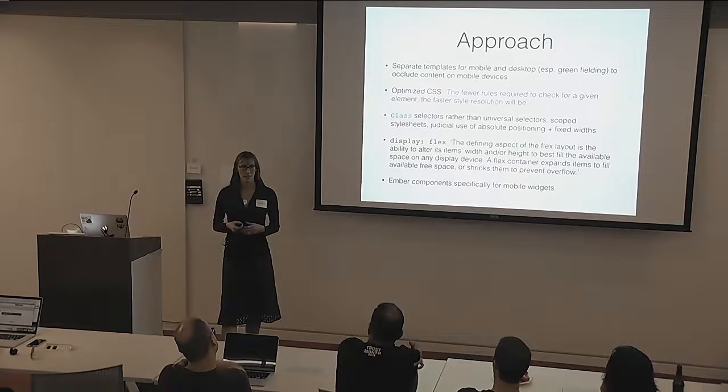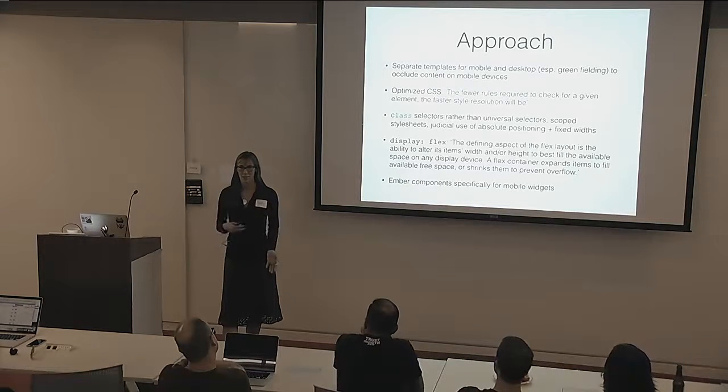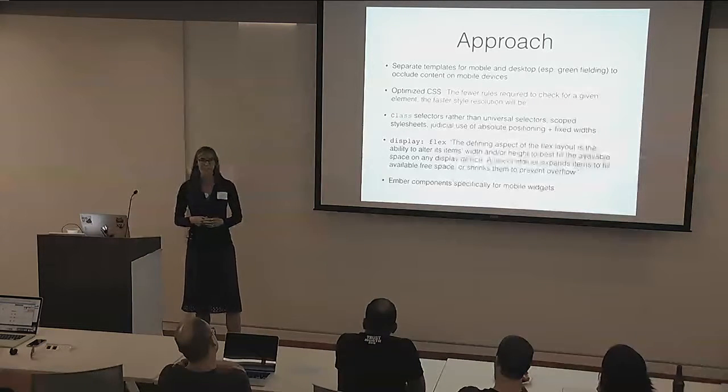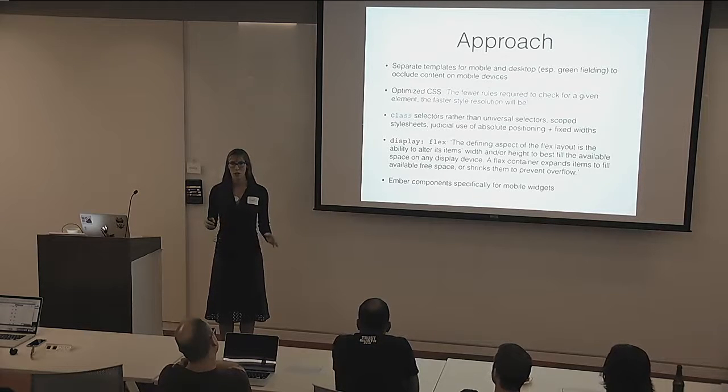And another thing that you really want to think about is your CSS. I know that a lot of developers really hate CSS and don't want to think about CSS. But there's a couple of things that are good to bear in mind. Use class selectors, not universal selectors. Just try to scope your CSS as much as possible.